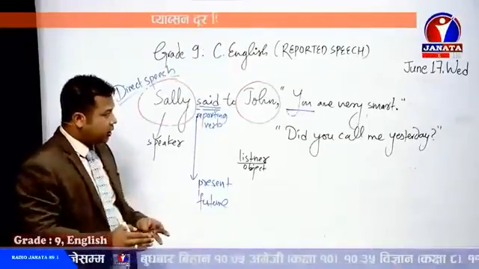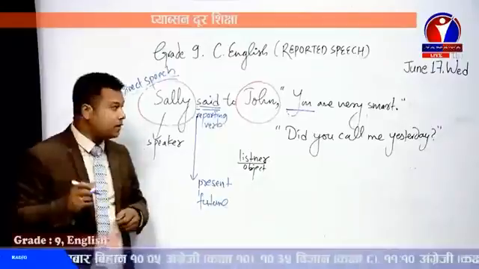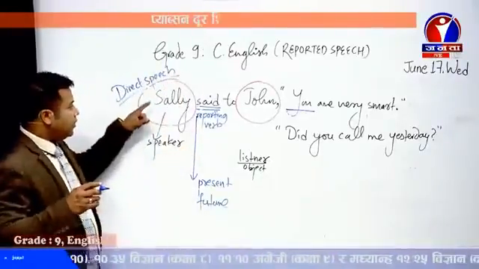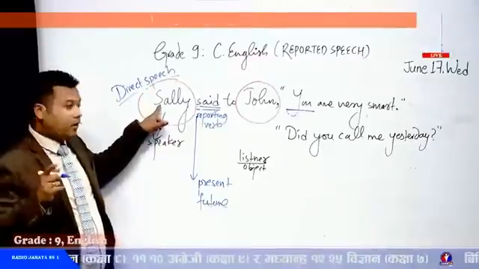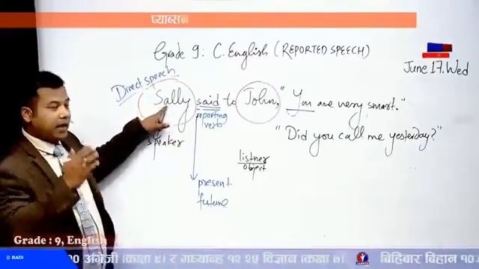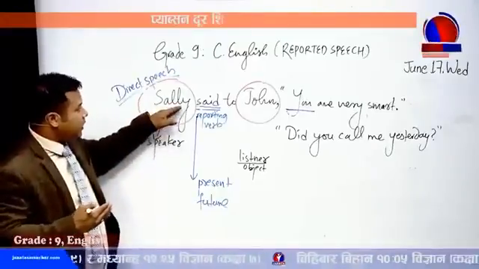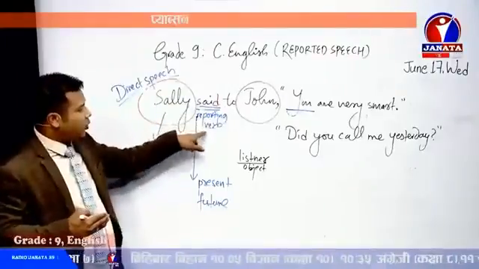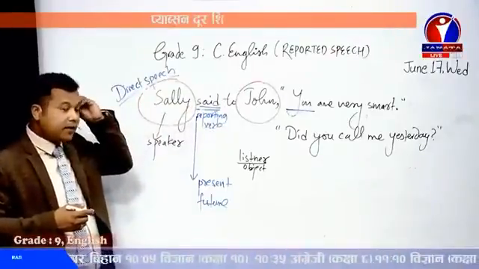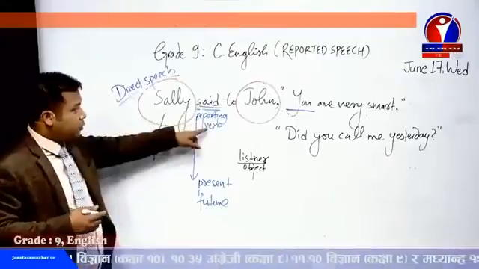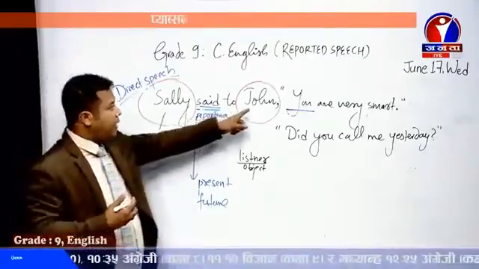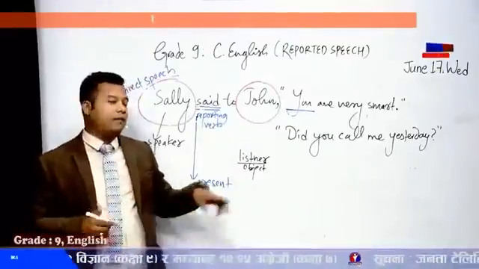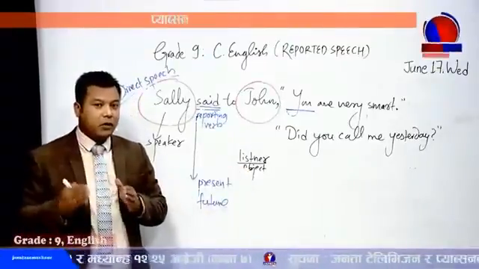But right now, what I'm trying to teach all of you is that whenever you work with reported speech, we have a speaker. The speaker is usually put in the beginning, and the speaker speaks something. The speaker uses a verb which is normally "said to," and that is a reporting verb. There is a listener, but we do not always have a listener in our reported speech examples.